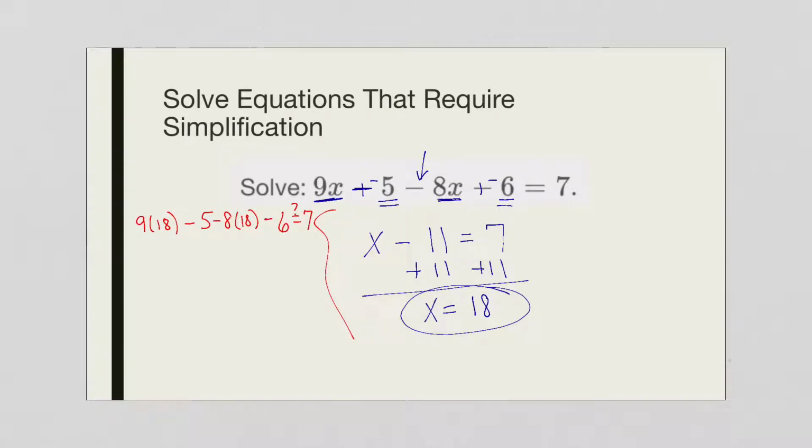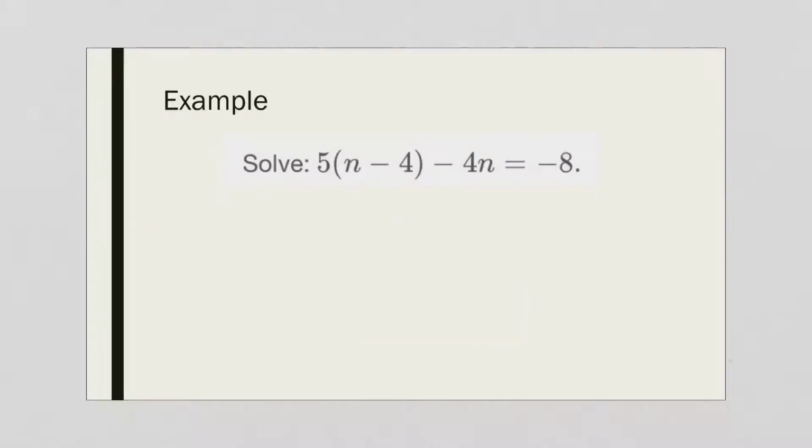I would do 9, and I can even do parentheses here on my calculator. 18, close the parenthesis, minus 5, minus 8, parenthesis, 18, close parentheses, minus 6, and I get 7. So 7 equals 7. That's a great answer. So I know that this is a good solution.